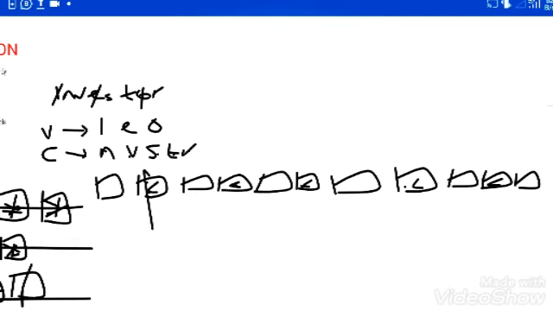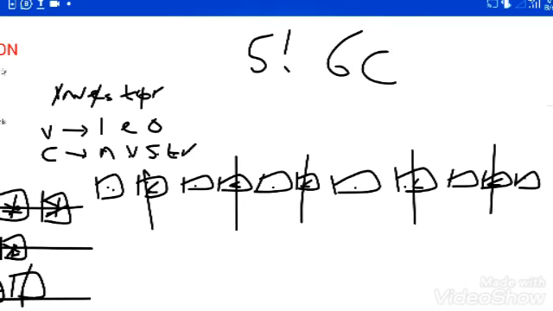So for the consonants, we have 5 factorial. Now for the vowels, there's going to be a kind of combination here. We have 6 slots, 1 2 3 4 5 6 slots to arrange 3 vowels. And now we also have the ways of arranging these vowels. You can see there are 3, so that will leave us with 3 factorial.